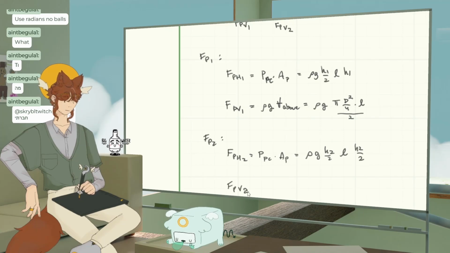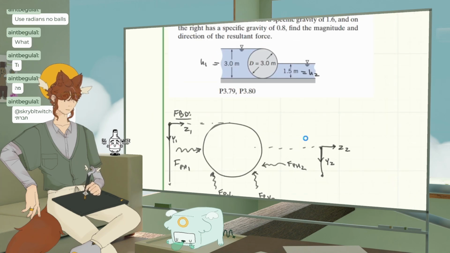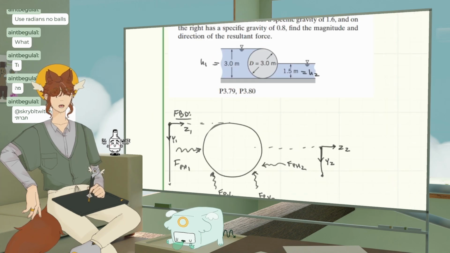FP V2 equals, let's see, pressure per, no, sorry, rho G volume above, and then this one is actually kind of chill. That's going to be this volume here. So it's a quarter of the circle.